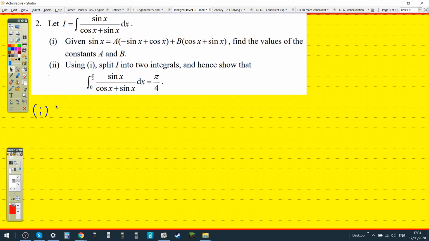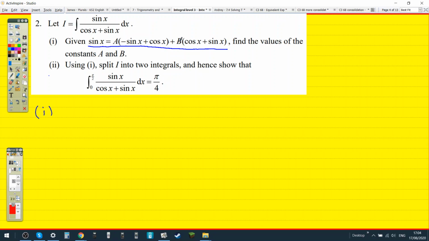I didn't even get the first part. Oh, partial fractions? It looks like partial fractions, but I think this is just separate entirely from the integral. We might use it for part 2, but just separately.